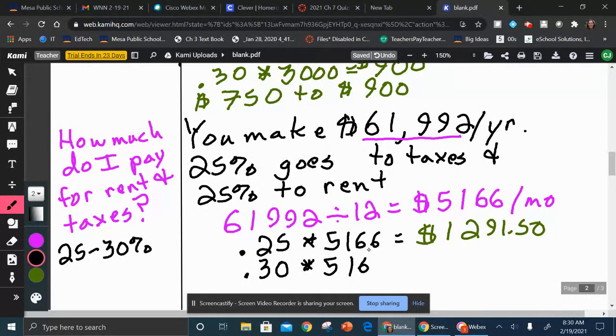Everybody, we're doing this to figure out how much you can afford. So $1,549.80. Okay.